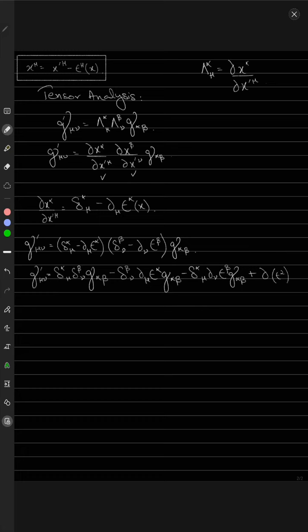Remember that epsilon is small, much smaller than 1, somewhere around 0.000 something. If I square it, it will be even smaller, and so if it's that small, you can just get rid of it.